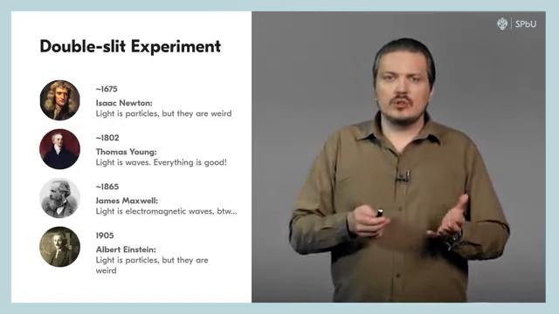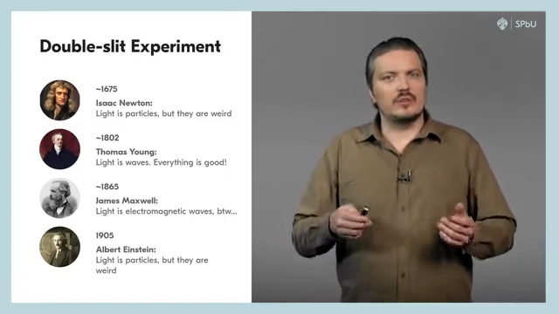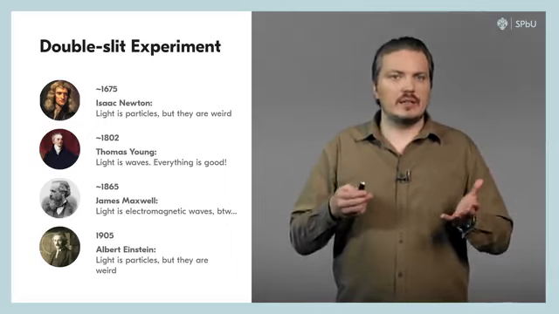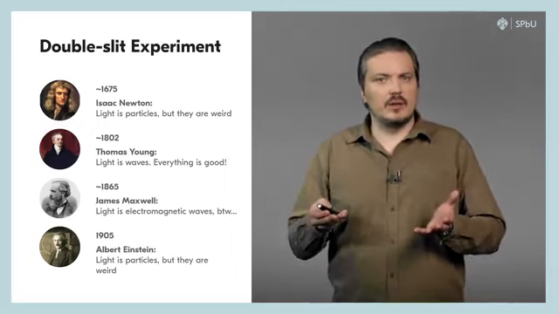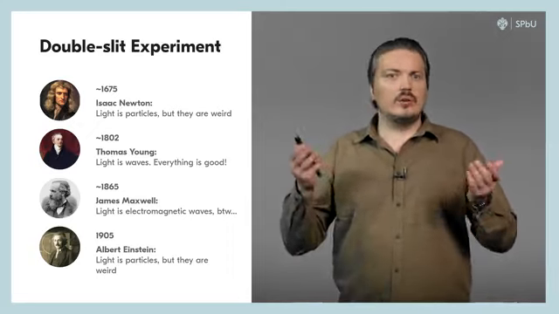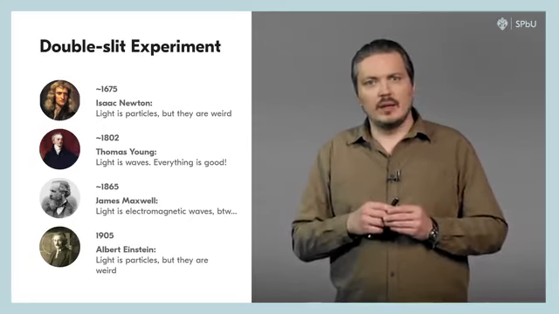Humanity has tried to research the matter of light for hundreds of years. Newton, for example, believed that light consists of particles. When this light particle hits the surface of glass, it can go through it or it can reflect.